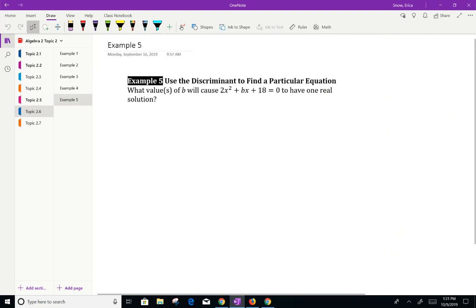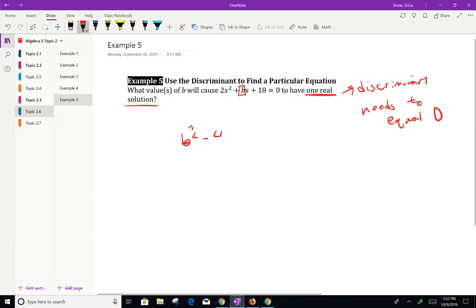Okay, now we are going to find a B that will give us one real solution. If we need one real solution, the discriminant needs to equal 0. So B squared minus 4AC is equal to 0.